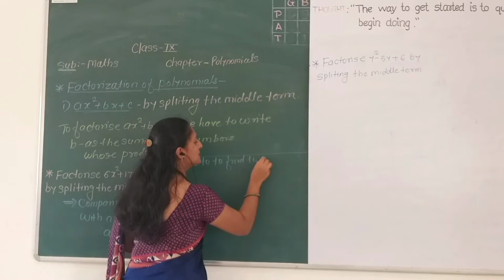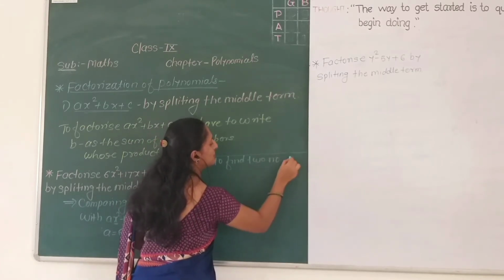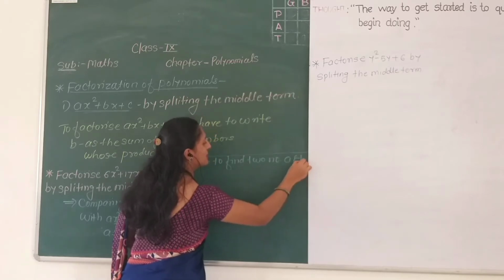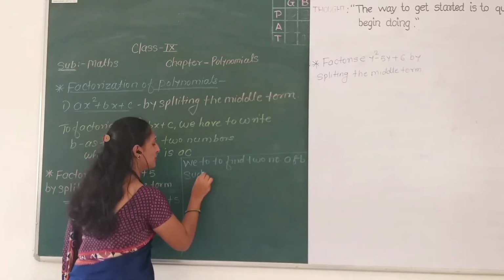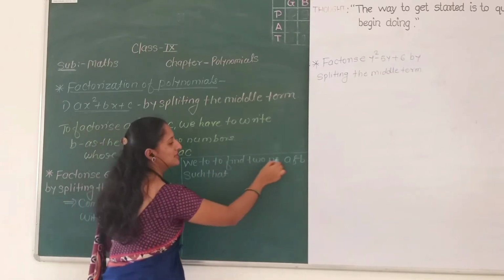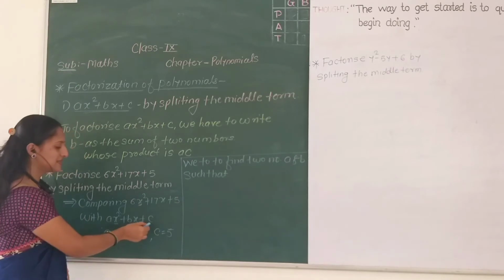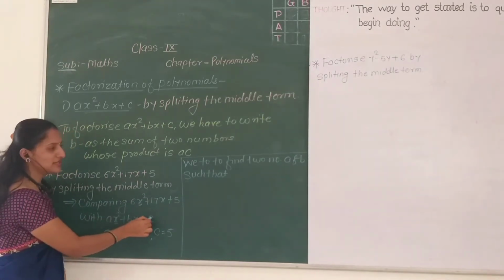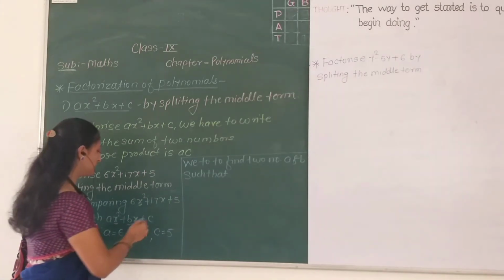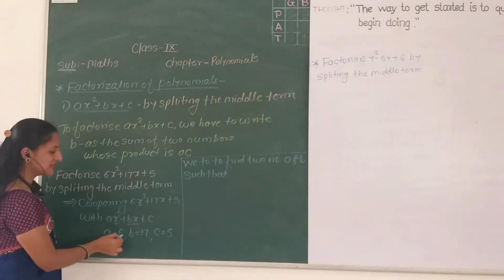Their product is a into c, that means 6 into 5.